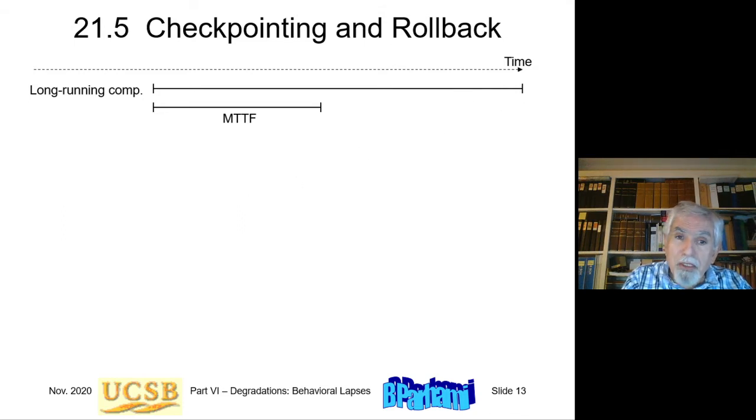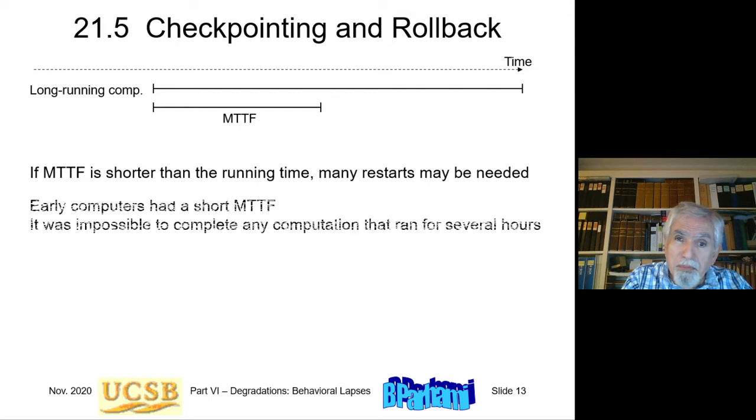So a solution to this problem is to insert checkpoints along the computation line. A checkpoint is basically a recording of the state of the system at that particular point, so that if something goes wrong past that checkpoint, you don't have to go all the way back to the beginning, but you can go to that checkpoint and restart the computation at that checkpoint.